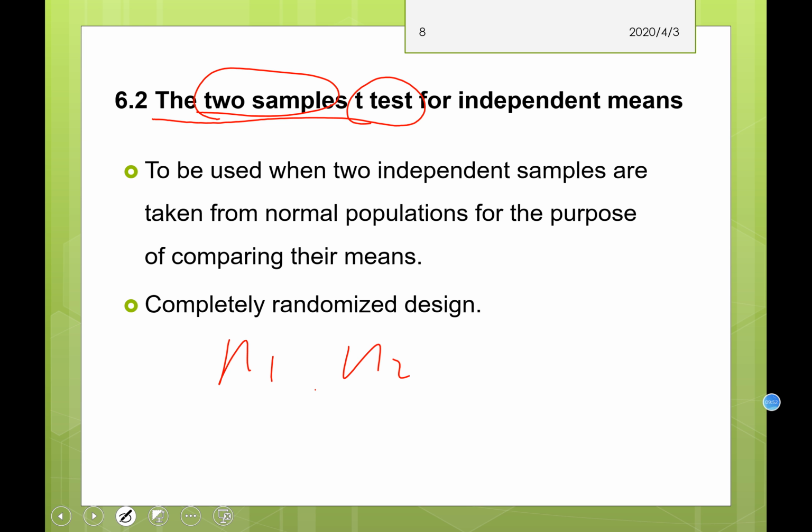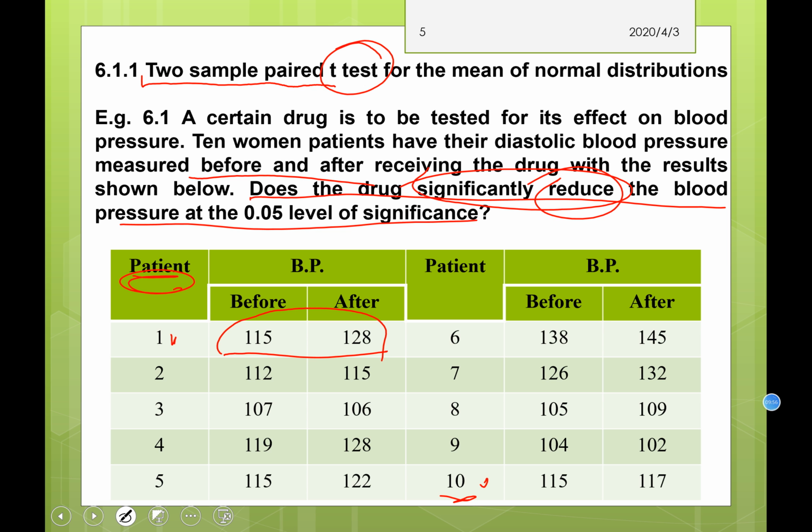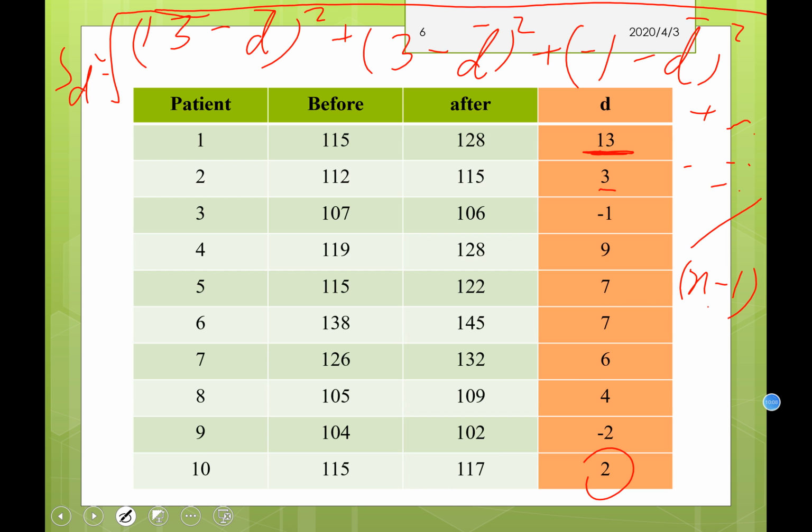Okay, so let's go back to the last slide. Here, we said that before is sample 1, after is sample 2. So actually, there is N1 and N2, but in our calculation, we calculate the difference. So we change the 2 sample sizes into 1. That is the sample size of the difference.